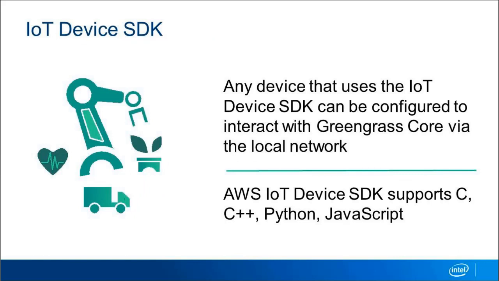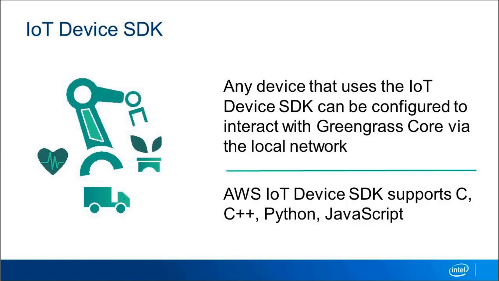So once you have deployed your Greengrass core, you can connect devices to it over either the local area network or any other means that the device has to connect. So USB, Bluetooth, things like that. So for instance, if you're running a smart home system using Greengrass, you would have the core running on a NUC gateway, which is connected to the internet via your router.